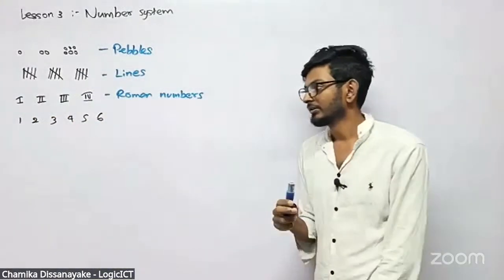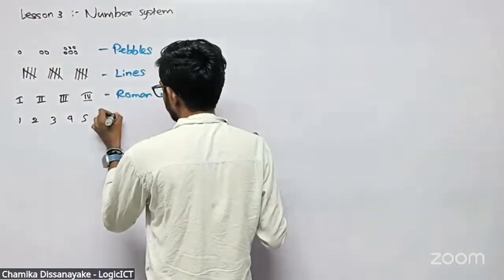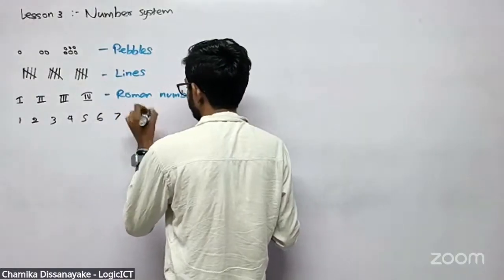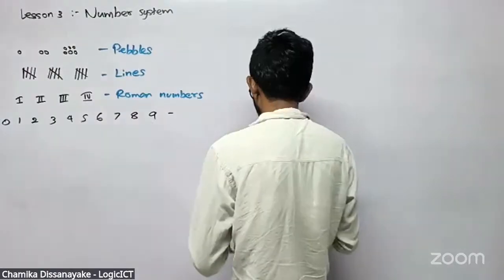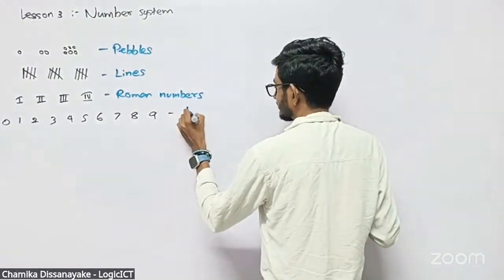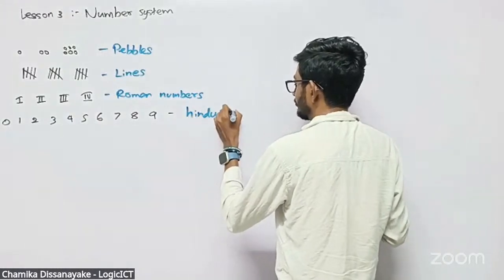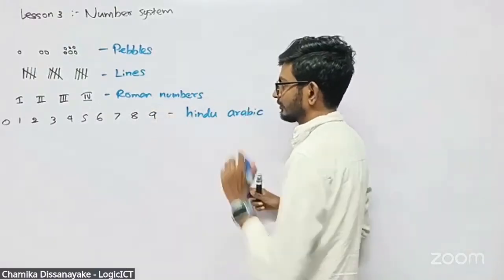There's a symbol. I just write 6, 7, 8, 9, 0. Okay. Those are what? Hindu Arabic numbers. Those are the Hindu Arabics.